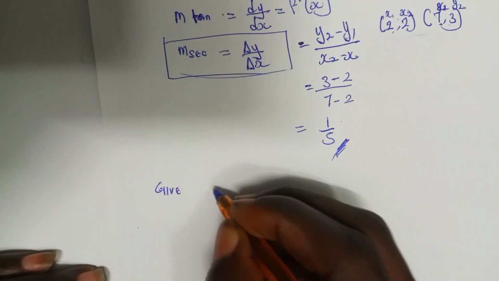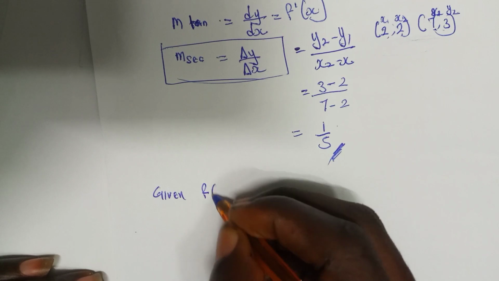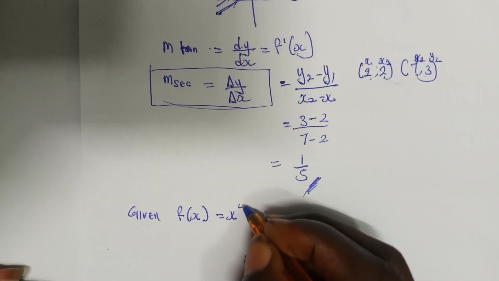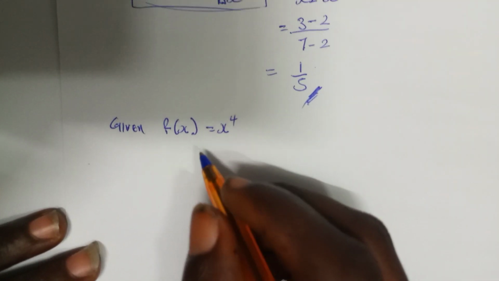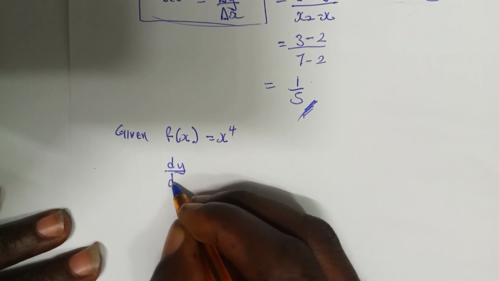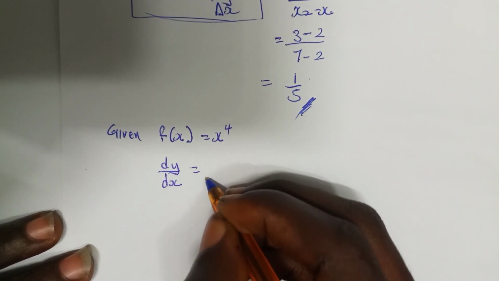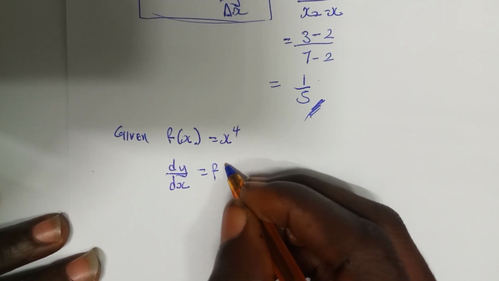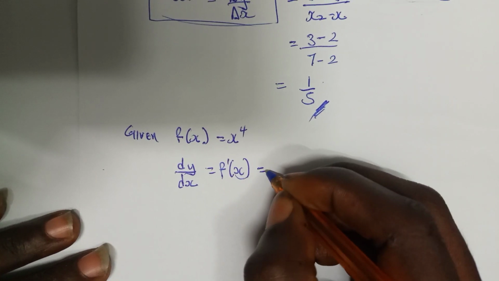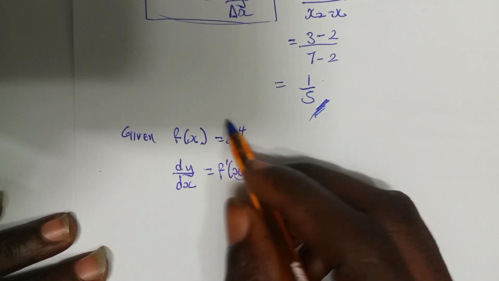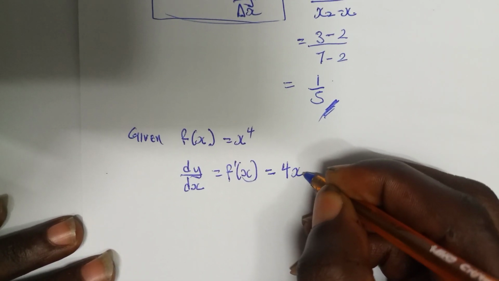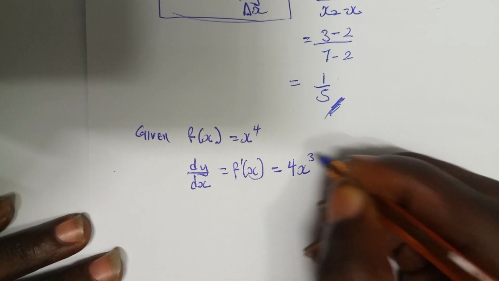Given f of x equals x exponent 4. Okay, so dy over dx, which is equal to the derivative of f of x, which is f prime, will be equal to, as we've discussed earlier, 4x raised to the power 3.